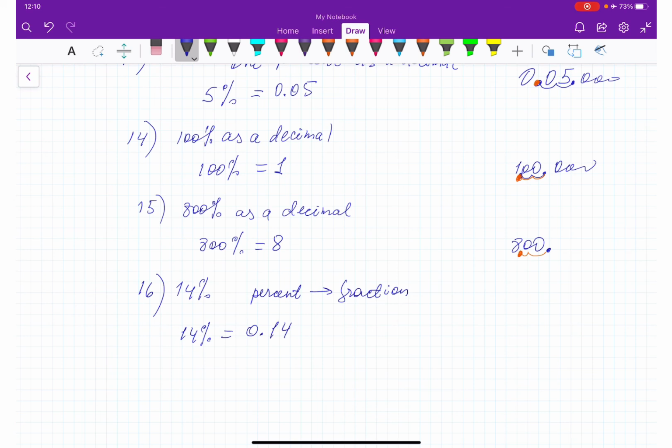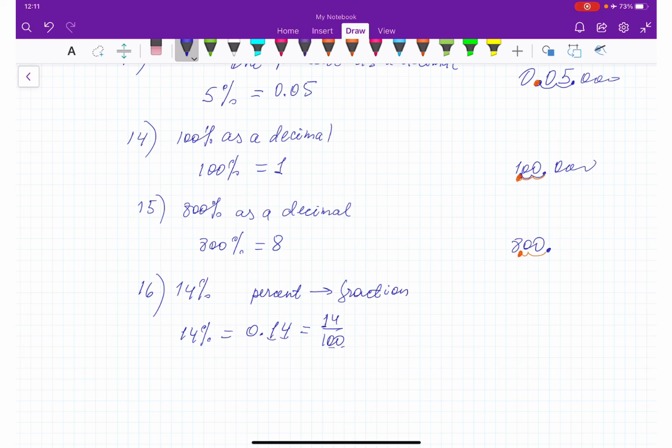Now 0.14 to represent as a fraction, it's equal to 14 hundredths. Okay, 14 hundredths. Because we have two positions here, that's why we put two zeros, hundredths.